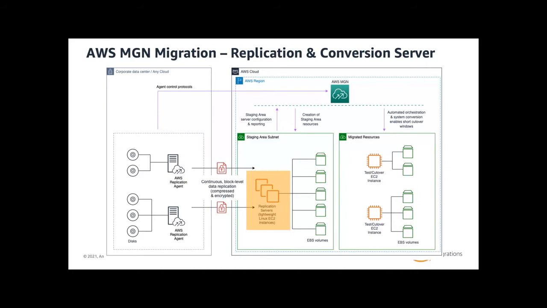And what does it look like? So pretty much this conversion process includes changes to drivers, network, operating system license, and some additional instructions to let the instance that was on premise, for example, be able to boot natively as an AWS EC2 instance.